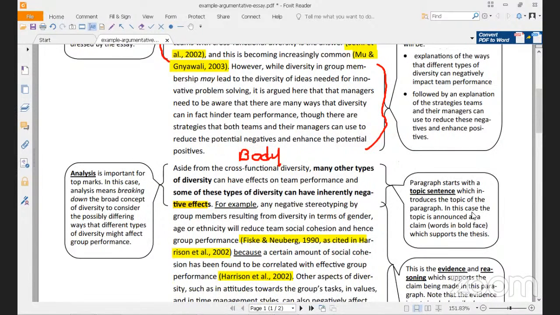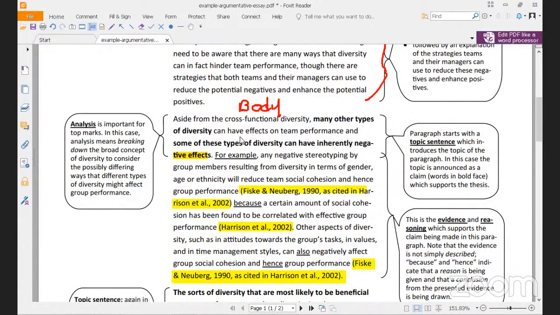Okay. And again, this topic sentence is your analysis. But this is an introduction of your body. You're saying a lot of important information at the beginning of the paragraph. Remember, we talked about analysis yesterday, but we did analysis of a whole essay. In this case, we're doing sub-analysis for each paragraph so that we can have a better structured paper.